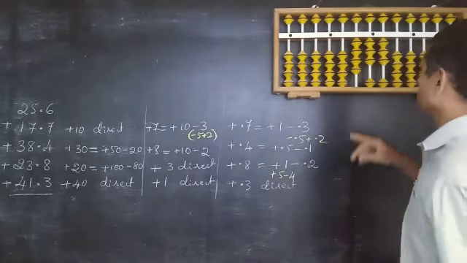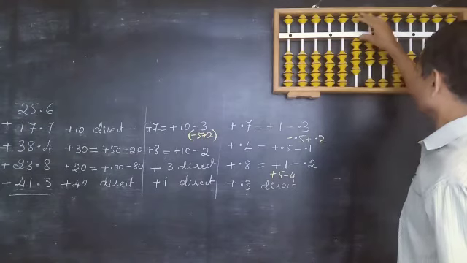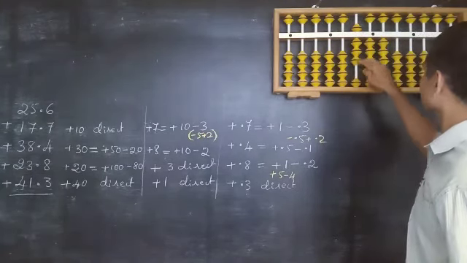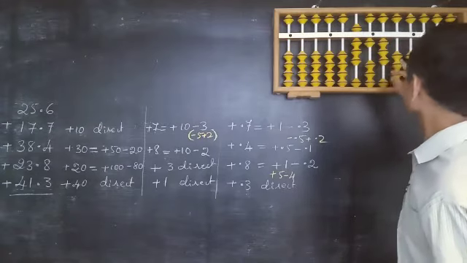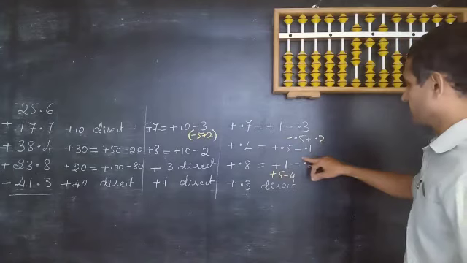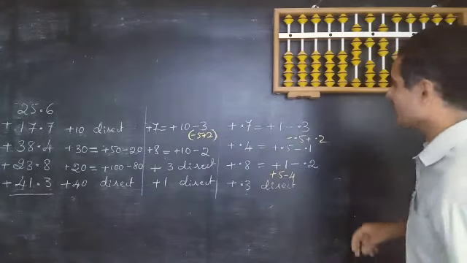Plus 38.4, plus 30 equals plus 50 minus 20, plus 8 equals plus 10 minus 2, plus 0.4 equals plus 0.5 minus 0.1.